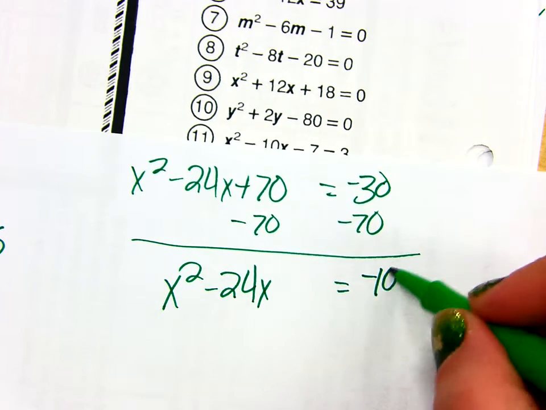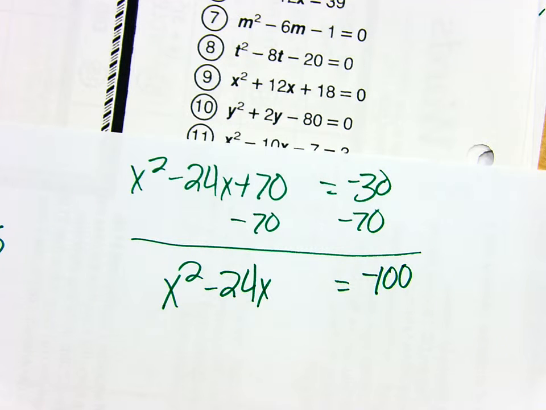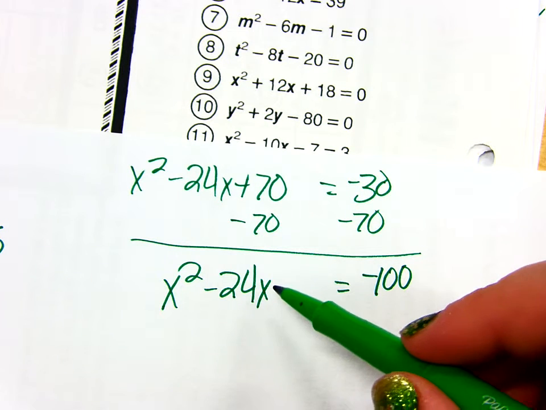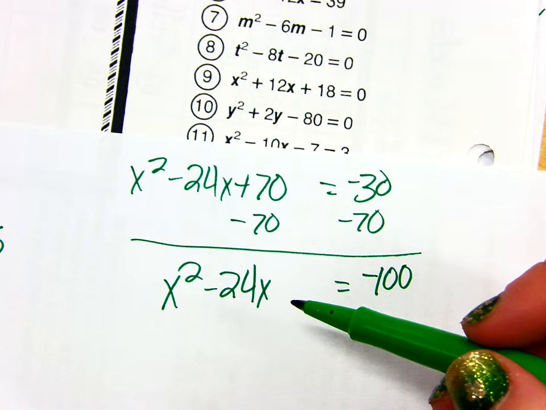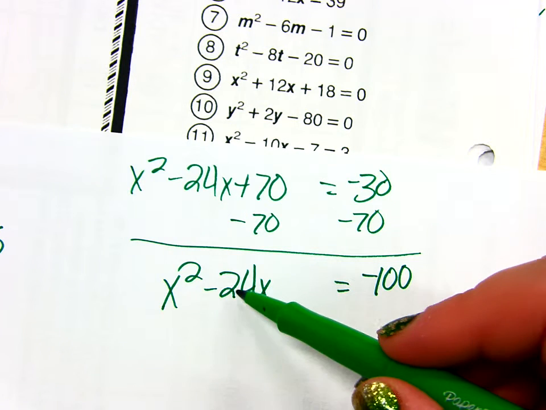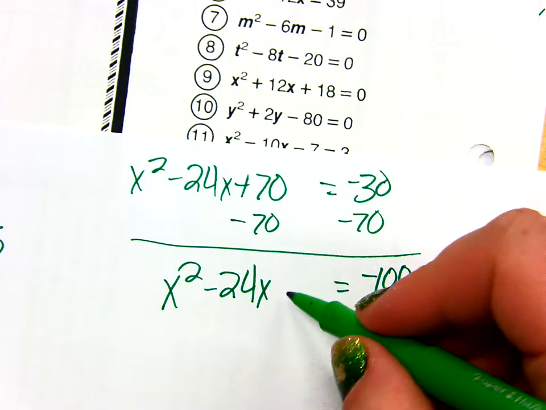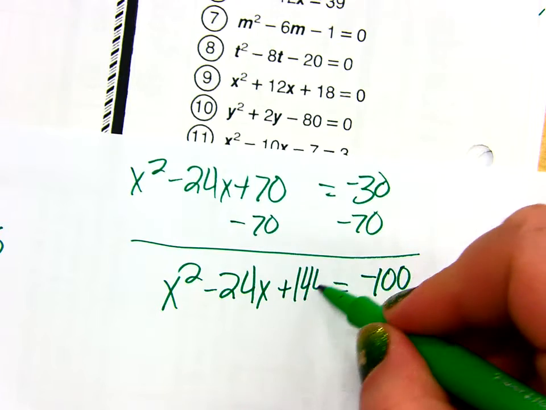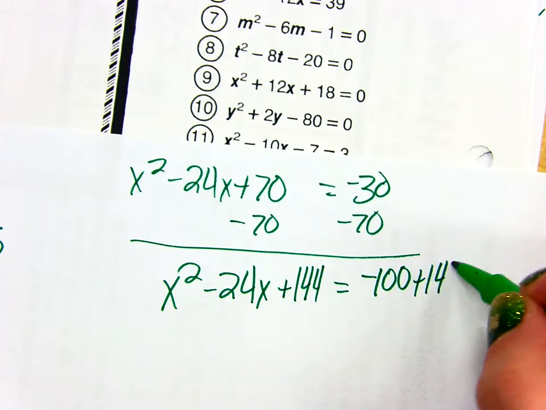That's going to be negative 100. Get the magic number in your head. Did you get it? What is it? No, 144, sorry. Half of b is 12, and 12 squared is 144. So we add 144 to both sides.